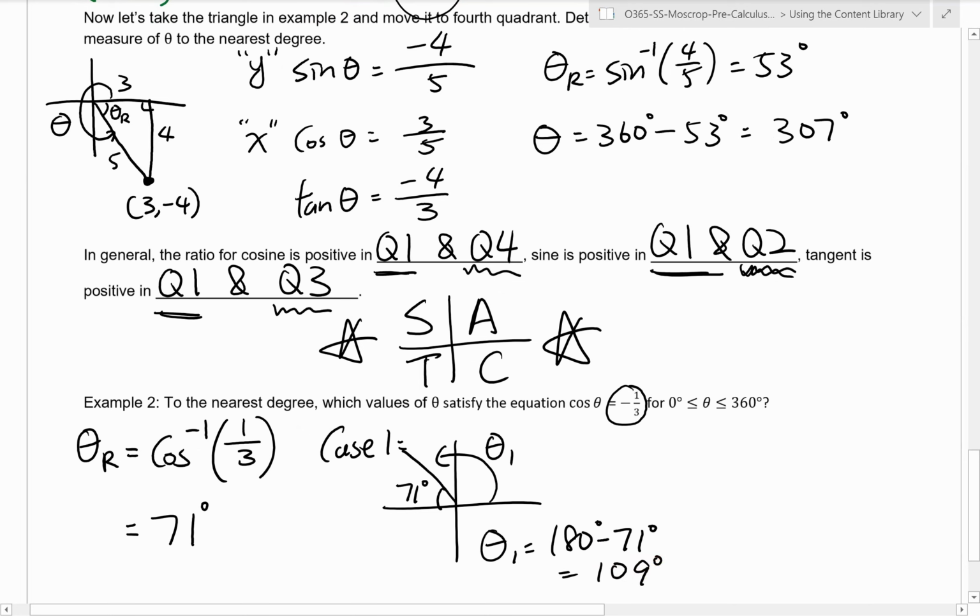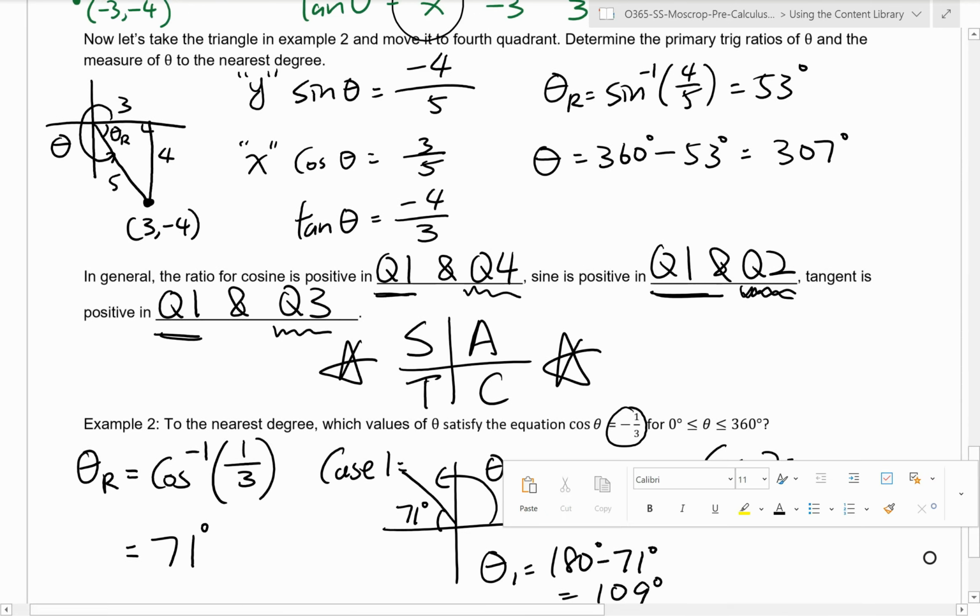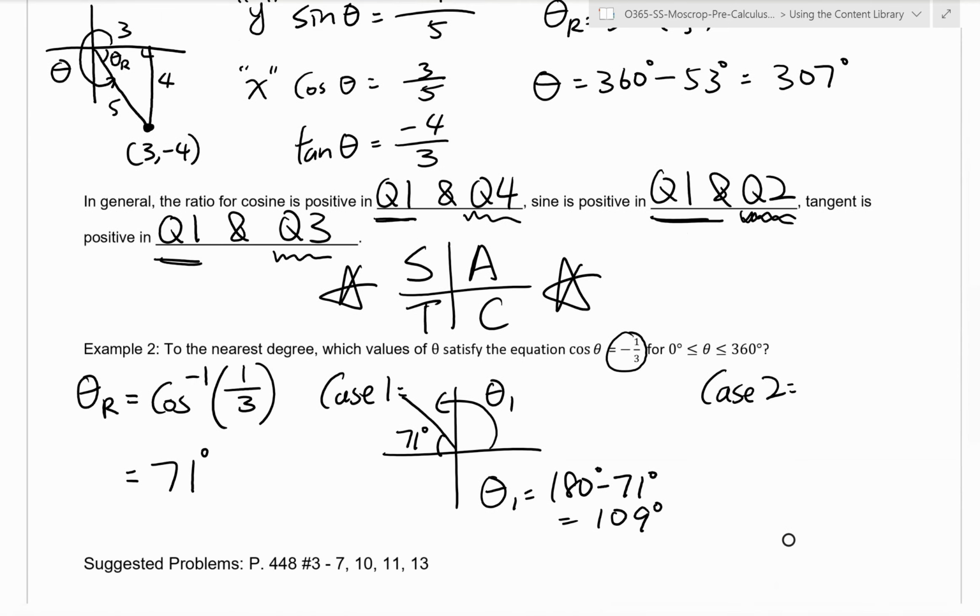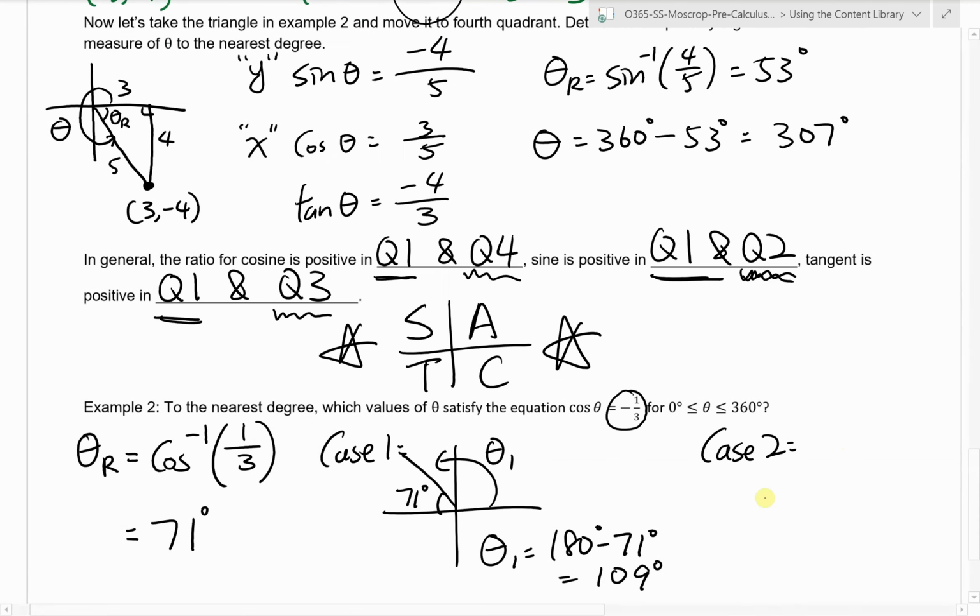Cosine is also negative in the third quadrant. Now, you might ask, how do I know? Again, you need to think about cosine being related to the x value. So x is negative in the second quadrant. x is also negative in the third quadrant. That's why I drew my angles in the second quadrant and the third quadrant respectively.